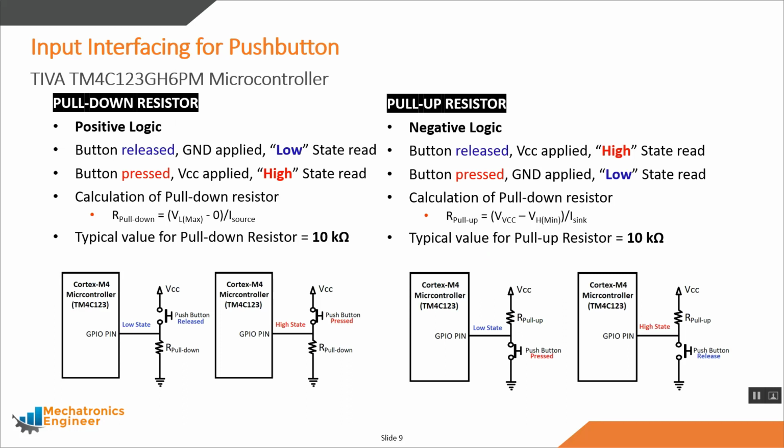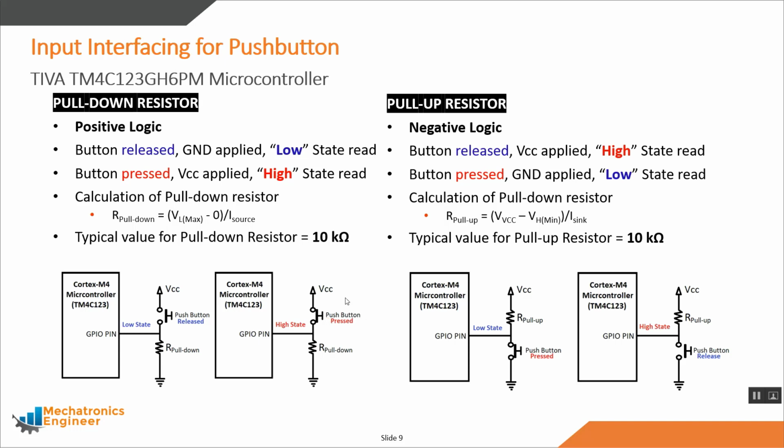Here we will see the difference between pull down and pull up resistors and get to know why these resistors are important while interfacing a switch with the microcontroller pin. The pull down resistor implements the positive logic. What is meant by the positive logic is that when the push button is released, the GPIO pin is connected to the low state. That is, it is connected to the ground through the pull down resistor.